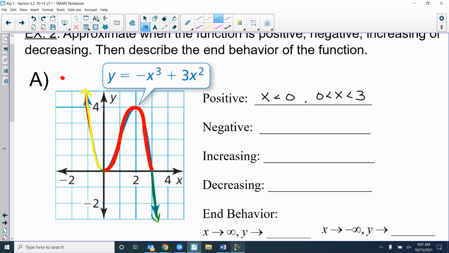Any ideas? X is greater than... wait, what is the x value right here? 3. X is greater than 3. All those numbers bigger than 3 give us that.